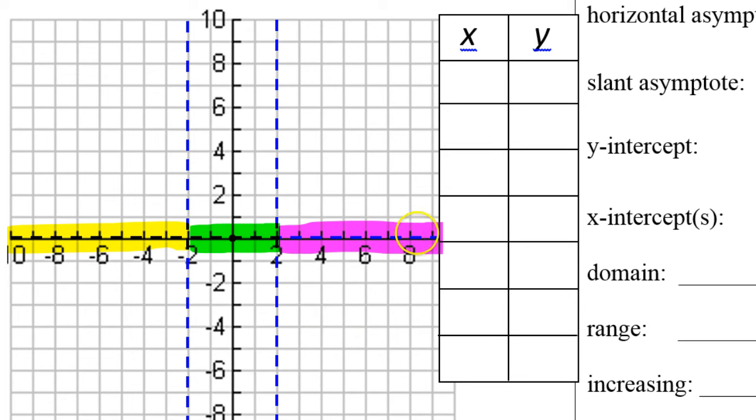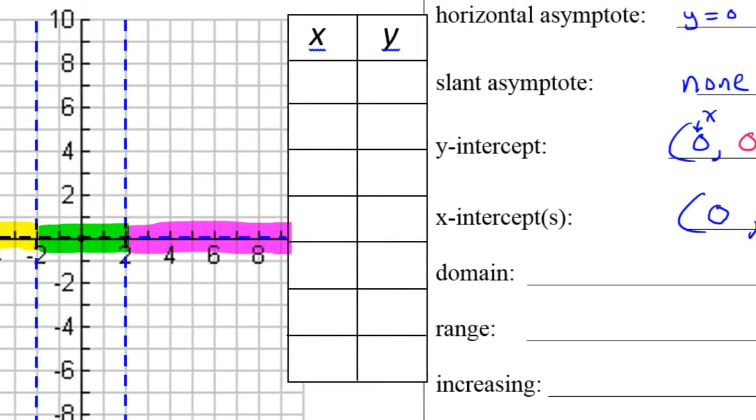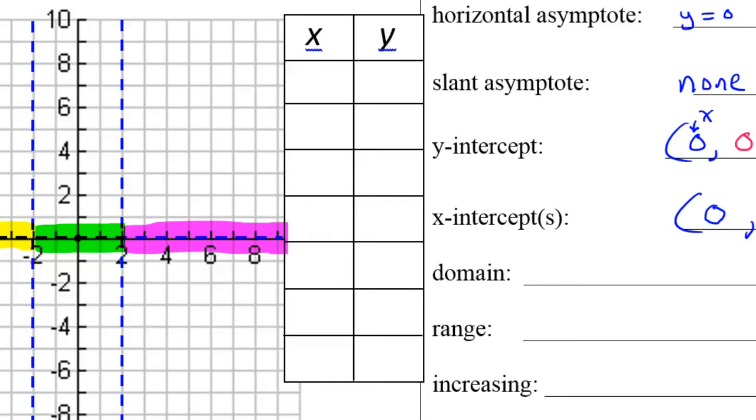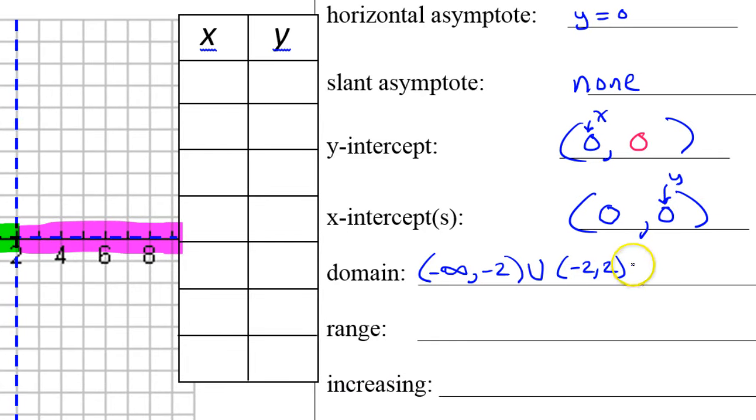So here it goes. My domain, here comes the yellow part, negative infinity to negative 2. Union. Now here comes the green part, negative 2 to positive 2. Now here comes the pink part. Union, positive 2 to infinity.